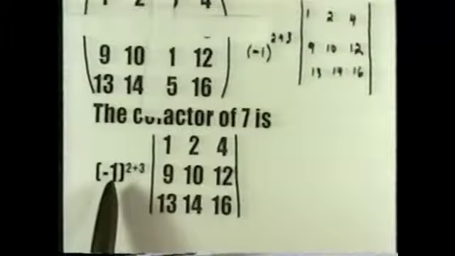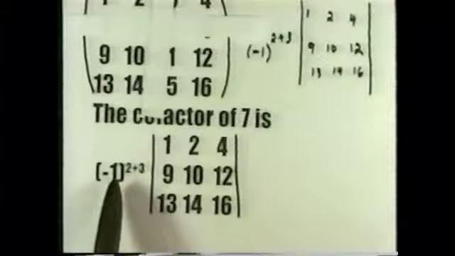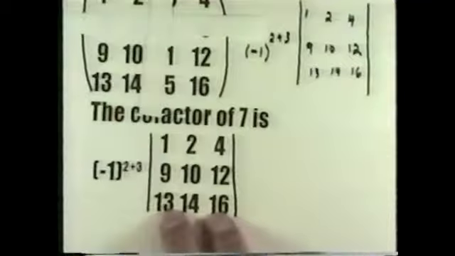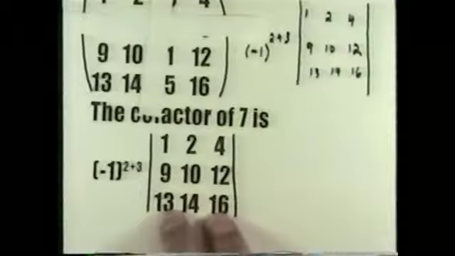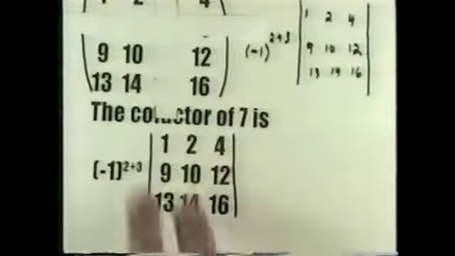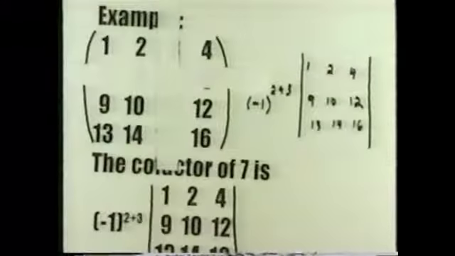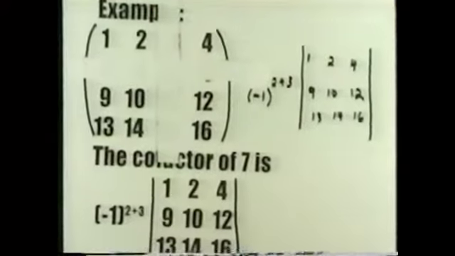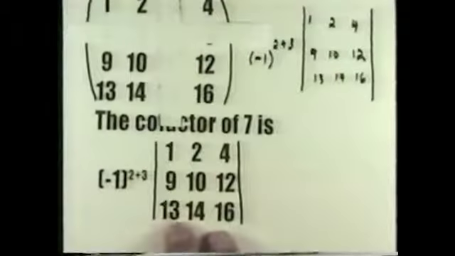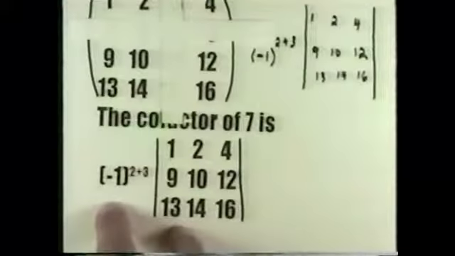It's the -1 factor times the determinant of the matrix with row i, column j omitted. So I took out row 2 and column 3, and what's left gives me the minor. The whole thing is called the cofactor.